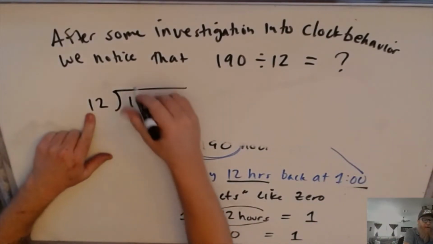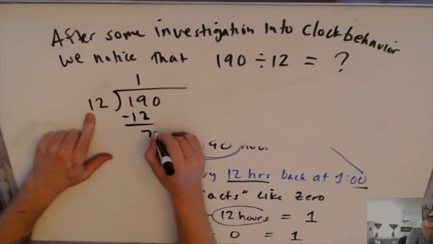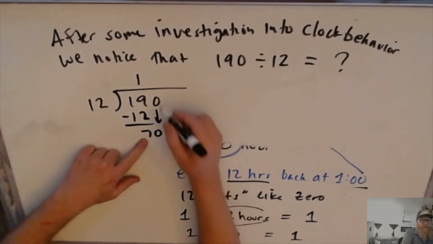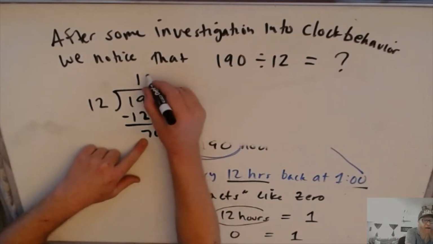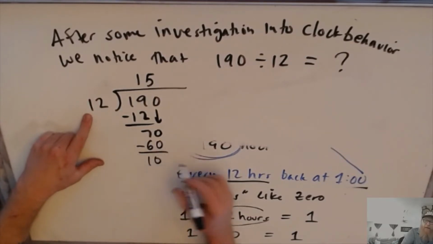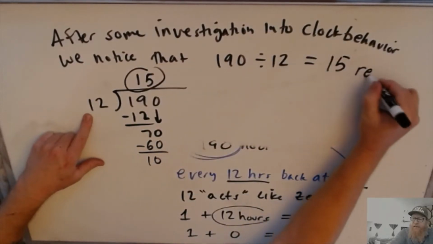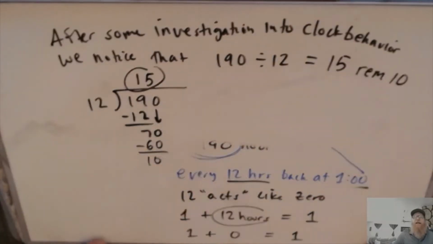12 goes into 19 one time. 1 times 12 is 12. The remainder is 7. Bring down the 0. 12 goes into 70, 5 times. 5 times 12 is 60. And so the remainder is 10. So this is 15, remainder 10.